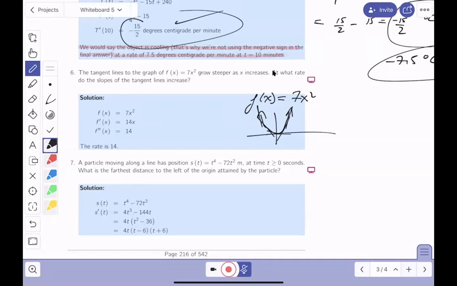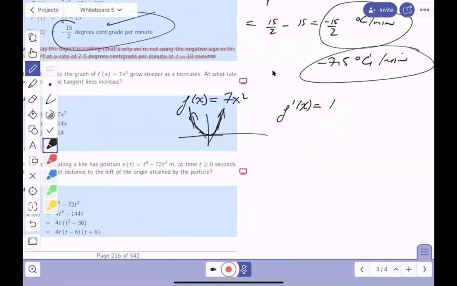They say, do the slopes of the tangent line increase? Well, let's write this down. F prime of x describes the slopes of the tangent line at any point along the curve. And that's going to be 14x.